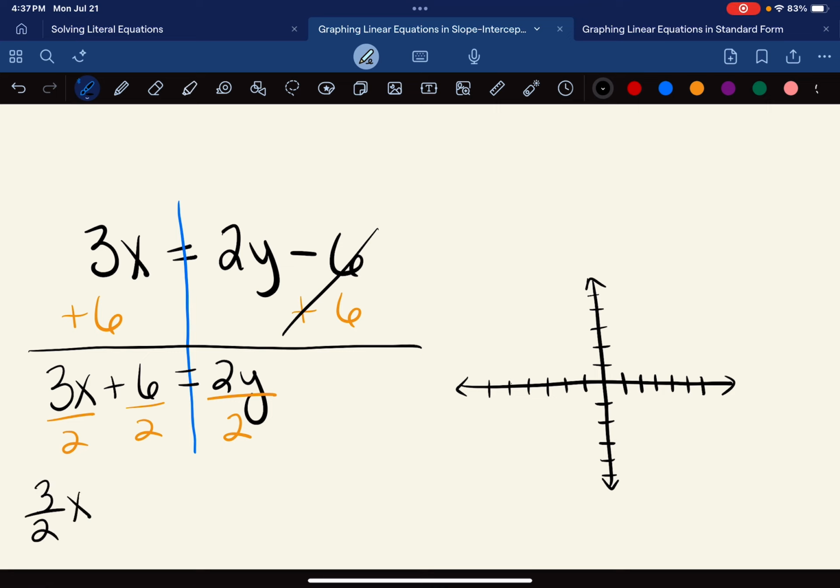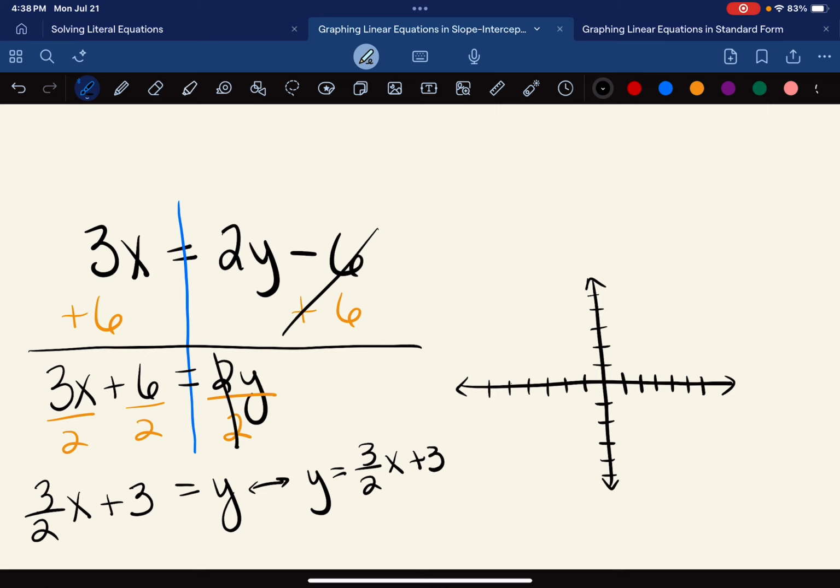And then 6 divided by 2 is 3, so plus 3 equals 2 divided by 2 gives us 1, so 1y or just y. Now, because this is an equation, it doesn't matter if you flip-flop the left side and the right side. This equation right here is the same thing as saying y equals 3 over 2x plus 3.